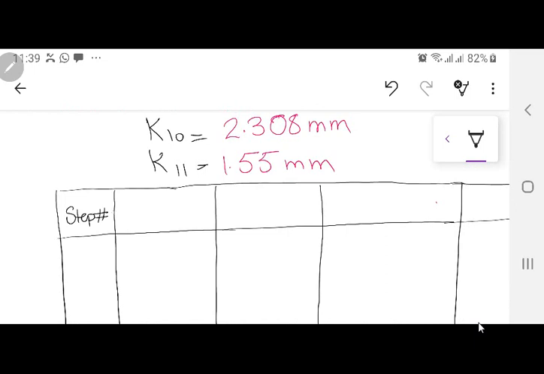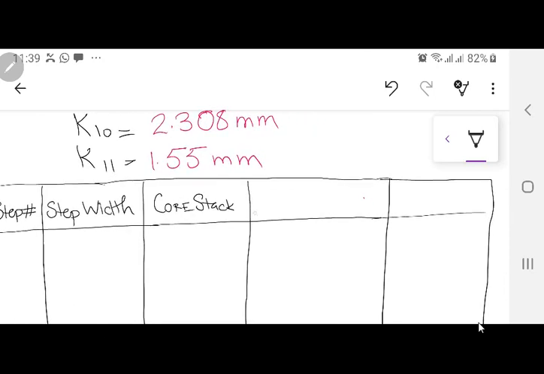Step number, step width, core stack, all these are in millimeters, so nothing changed.